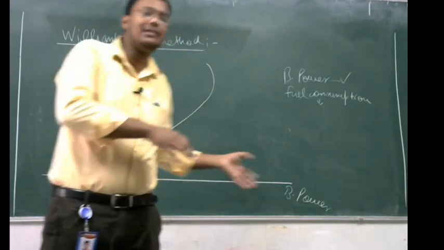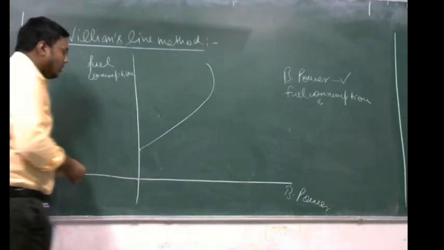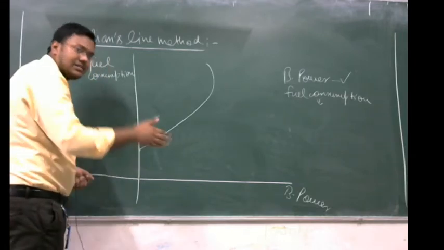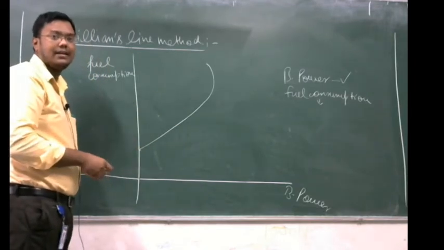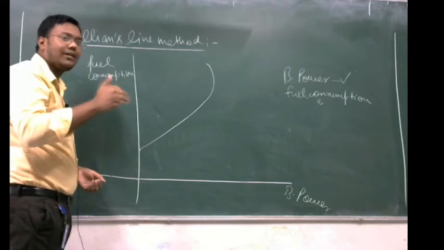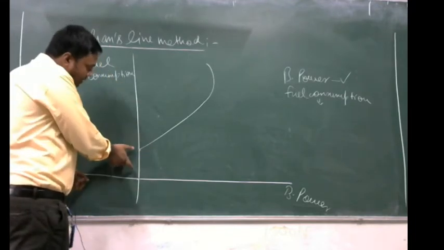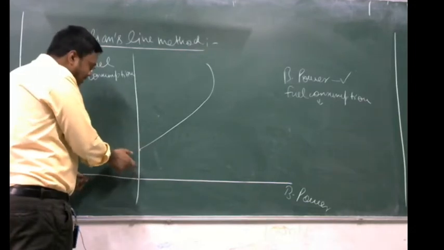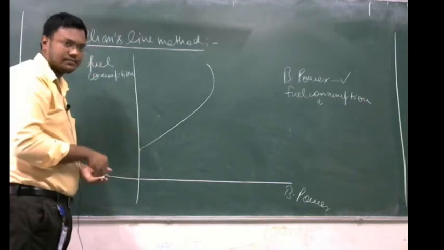Friction is always present in the engine. This much fuel is consumed when brake power is 0 because there is friction inside the IC engine, and to overcome that frictional power the engine will consume some amount of fuel.